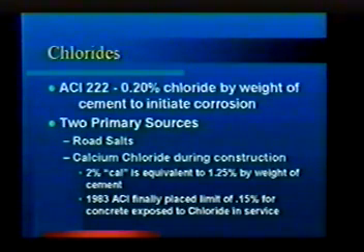The old 2% cal that we were allowed is really much greater than the threshold; here it is, 1.25% by weight of cement. And here's your level to initiate corrosion, and this is the actual level. So you can see it's many times more than the threshold to initiate corrosion.